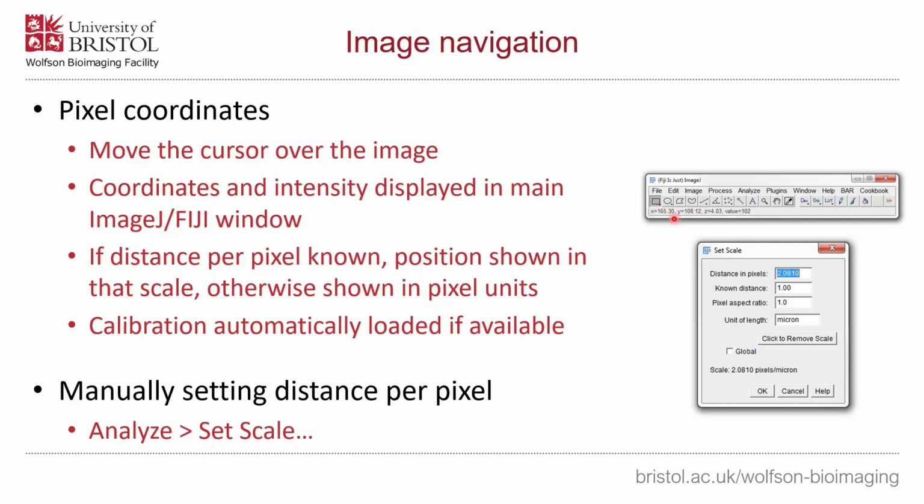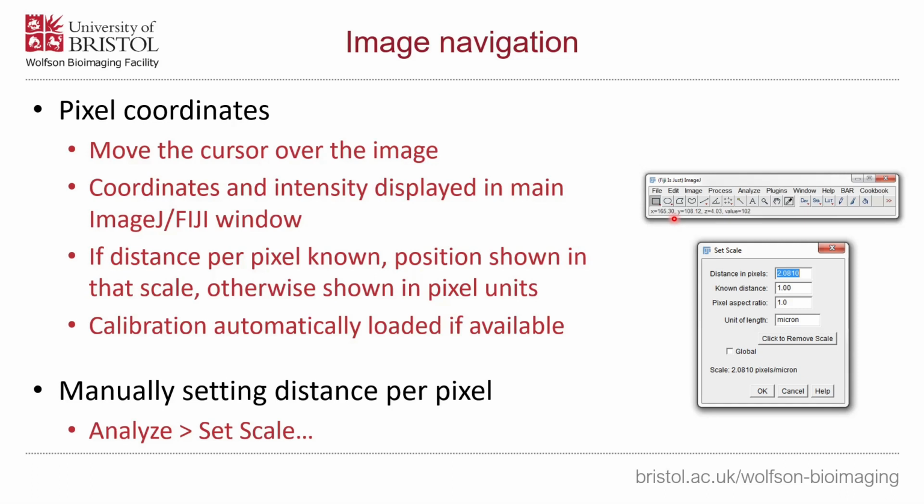And I say correct spatial calibration because it is important to make sure that what's being loaded is the true distance per pixel. Quite often you'll load something in from a microscope that maybe hasn't been set up right, or just hasn't been set up for spatial calibrations, yet is still outputting some information that Fiji interprets as being a spatial calibration. In that case, you might end up with incorrect measurements coming out.